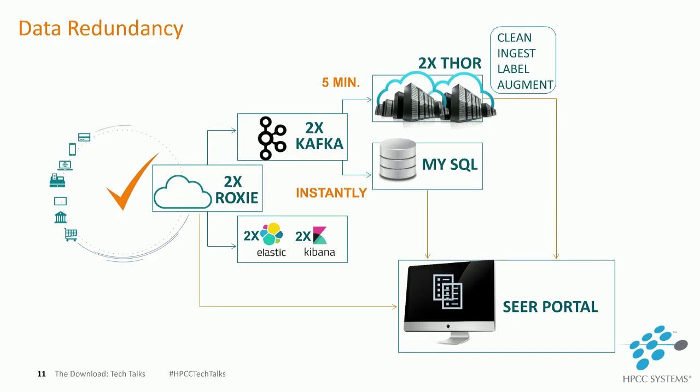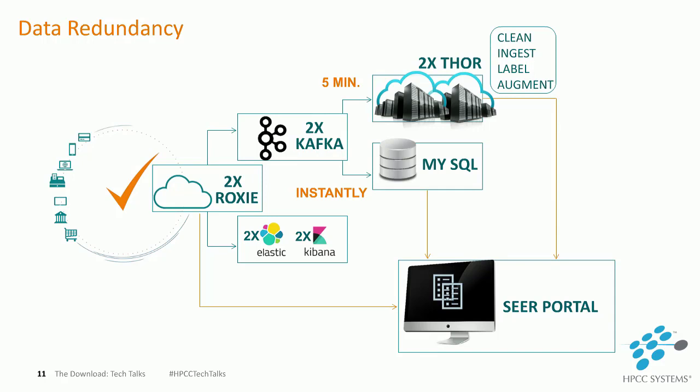Now, of course, we can go to 3 Roxys, 4 Roxys, 5 Roxys, and so on and so forth. Sky is literally the limit. We can also have them talking to multiple parallel versions of DALI on the back end. We can also introduce hardware-based firewalls. We haven't reached that point yet where we had to have a hardware-based load balancer running our firewalls, something like an F5. So far, out of the box, we get a lot of performance.